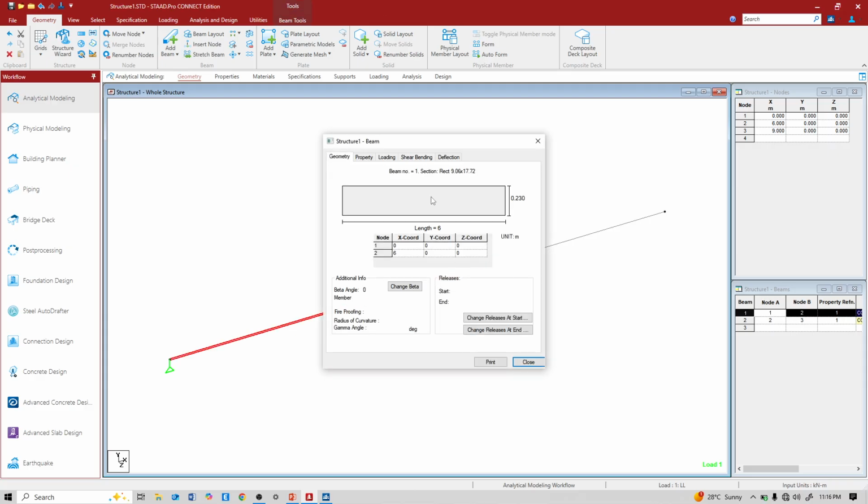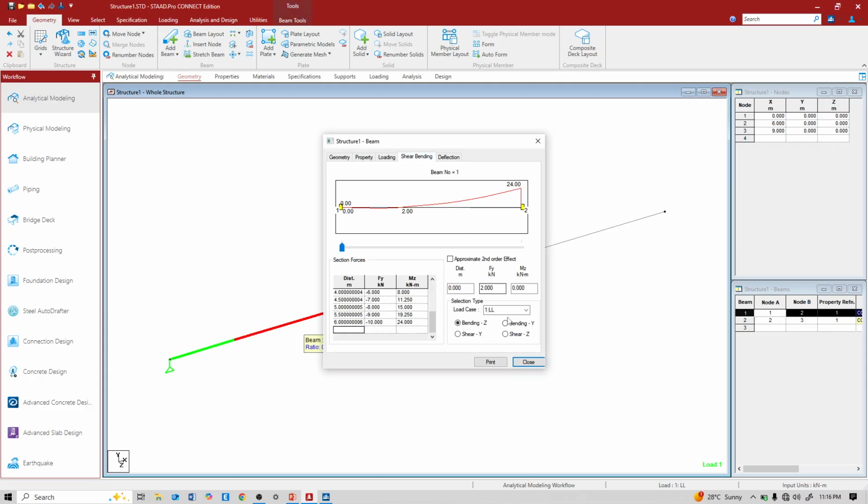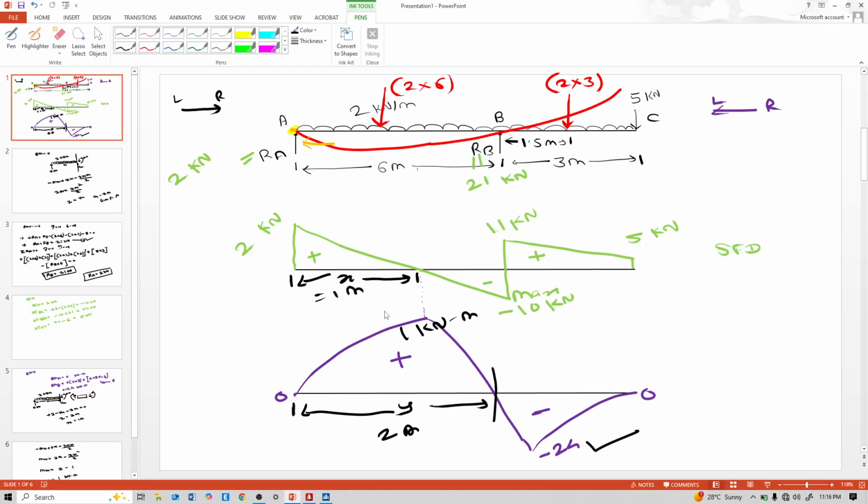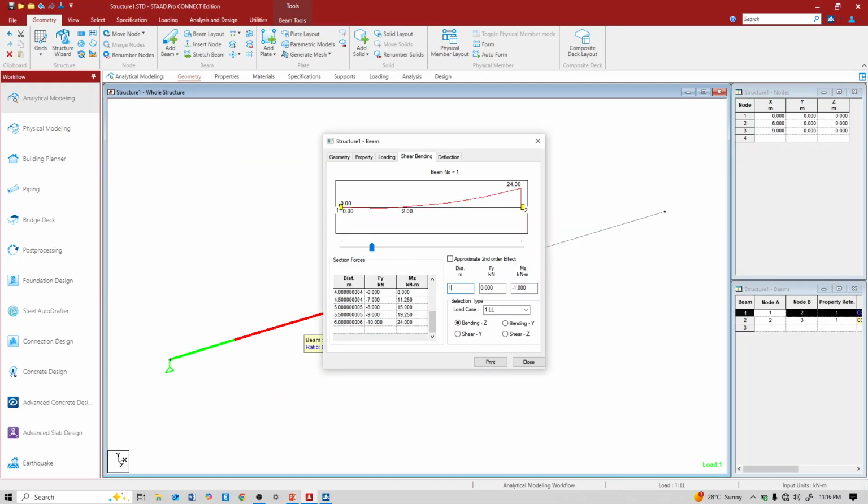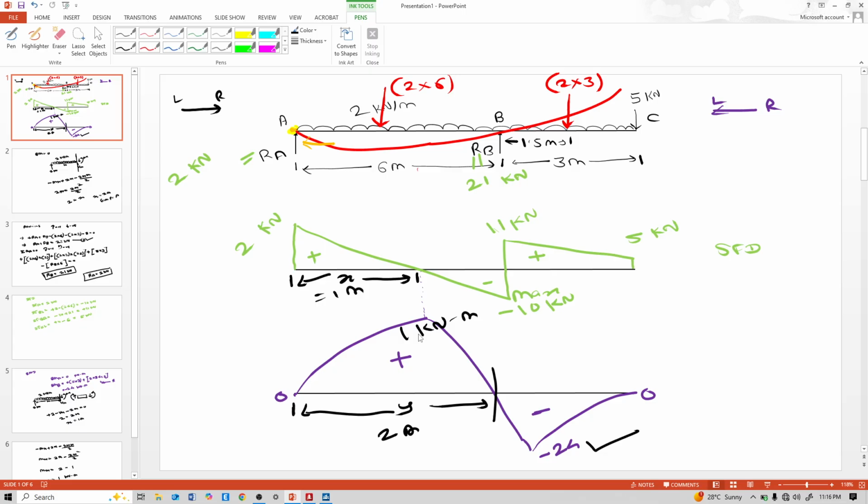Let's see this beam bending at 1 meter distance. See it is minus 1 kilonewton meter. Ours is 1 kilonewton meter sagging bending moment.